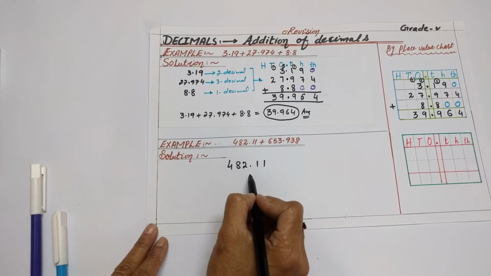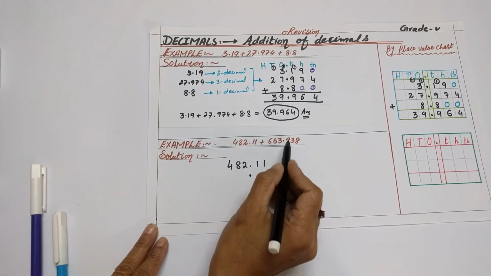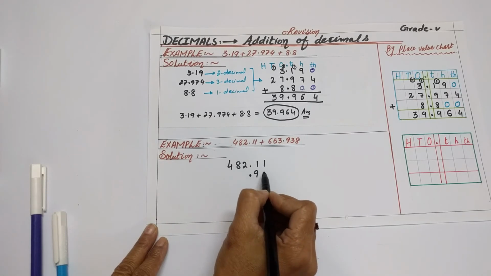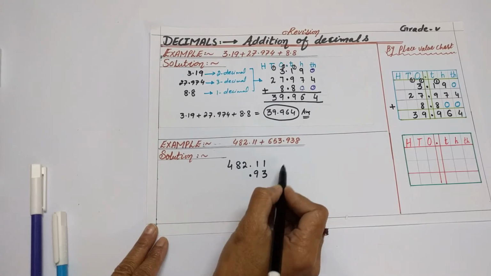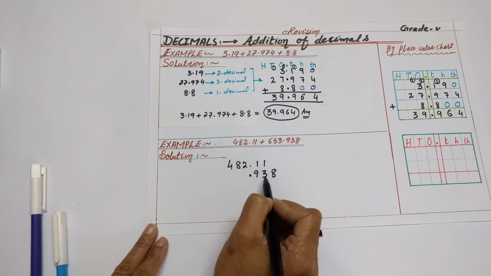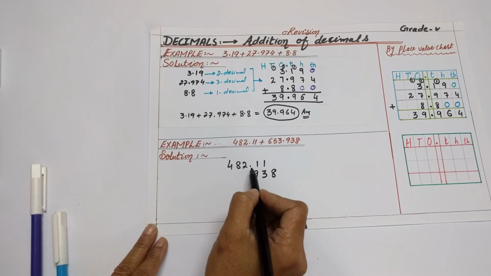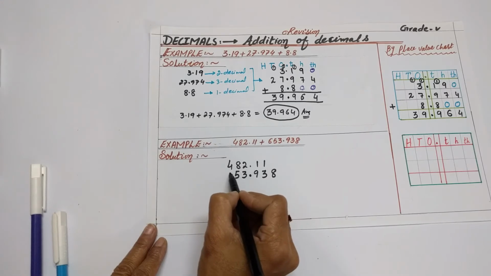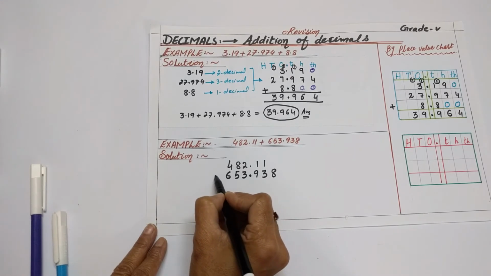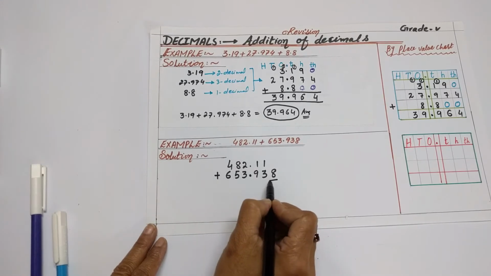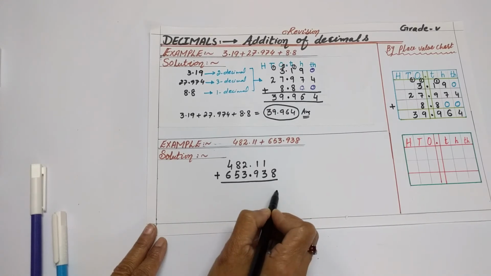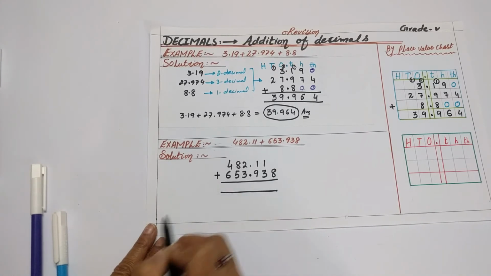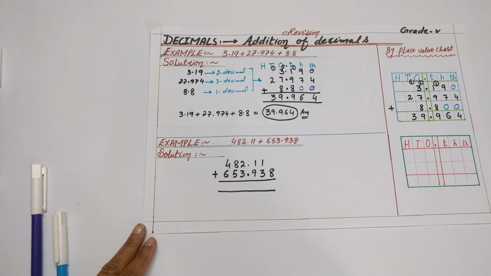So firstly we will put the decimal. 9 is the first digit, 3 is the second digit, 8 is the third digit, and on the left side we have 3, then 5 and then 6. So we will put the addition sign and we will convert it into the sum form. So this one is a vertical form for the addition.